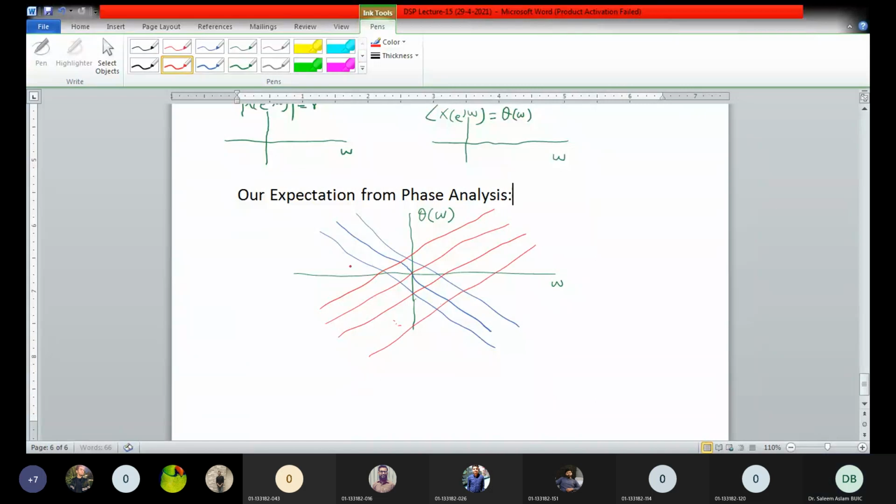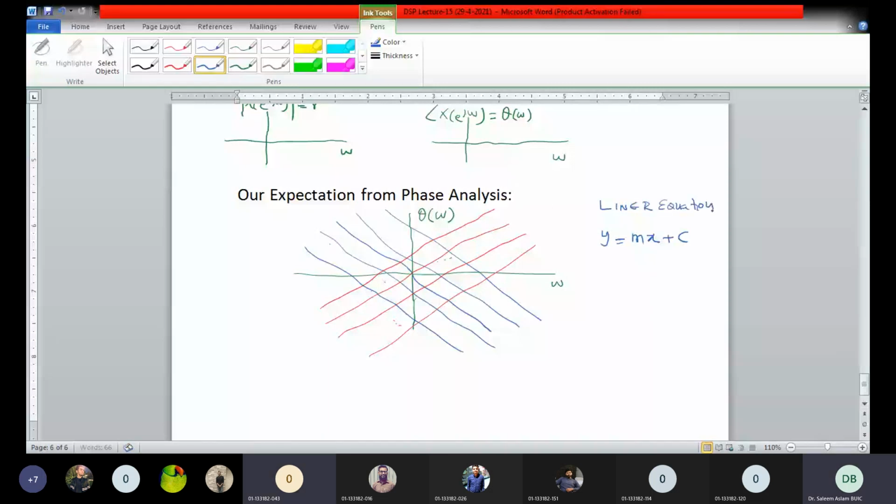दिस वन. सिमिलरली हम ये भी कह सकते हैं कि आपके पास, if you say that either this is y is equal to mx plus c, this is a linear system, right? Yes, sir. Linear equation.